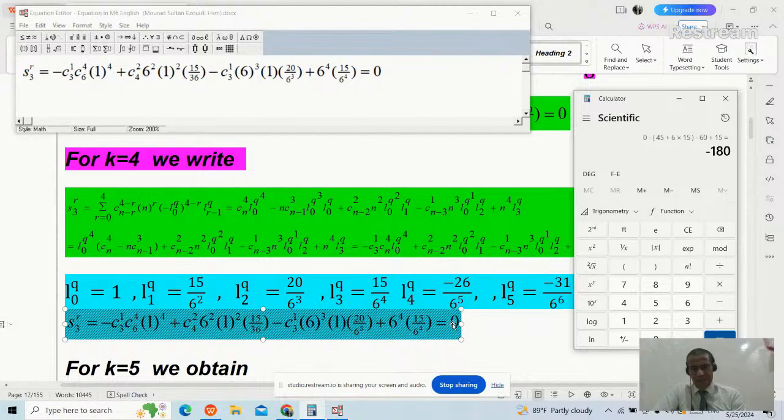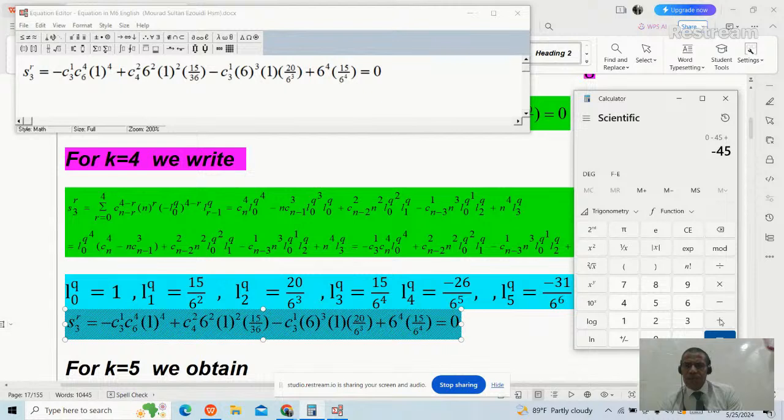This is S3. Just a moment, I'll check again. Okay, it will be negative 3 times 15, which is negative 45, plus what, learners?